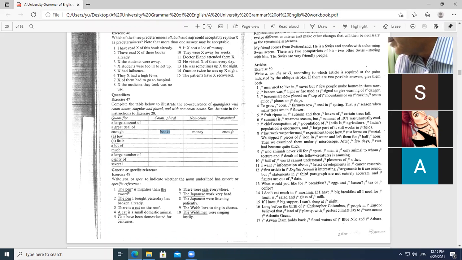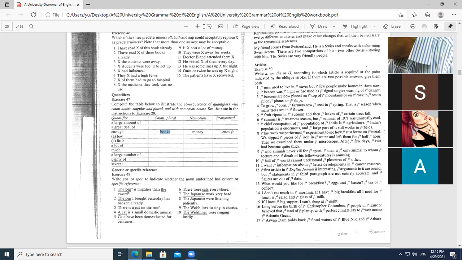Wild animals never kill for sport. Wild animals, zero article. Never kill for sport, zero article.